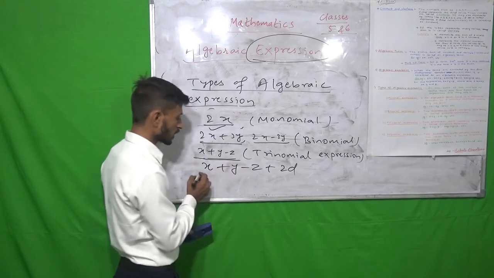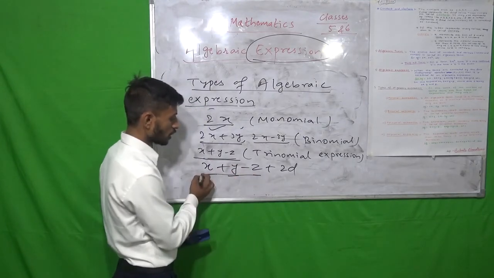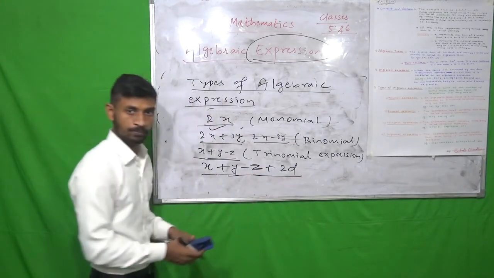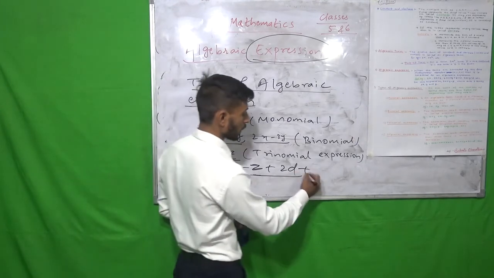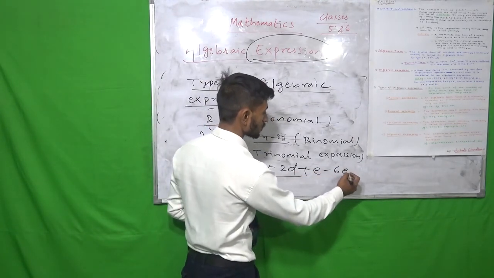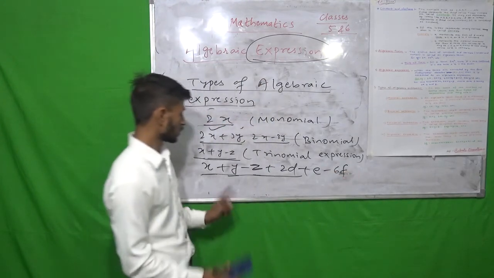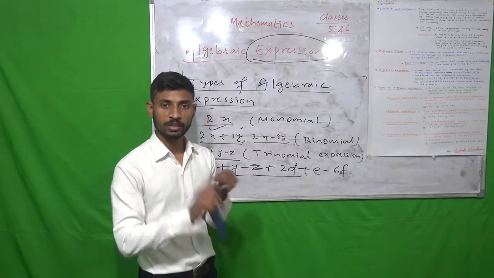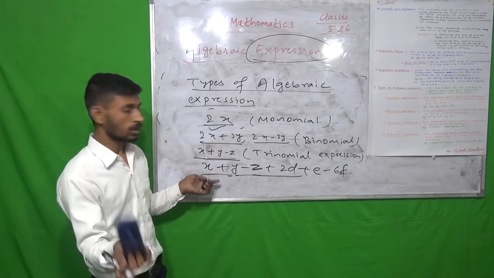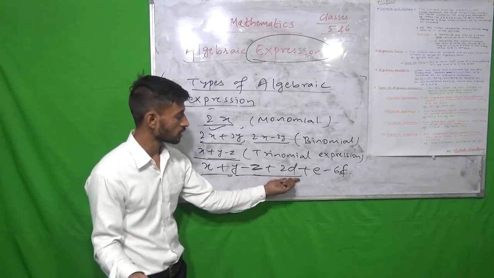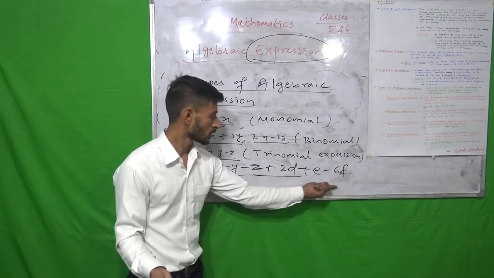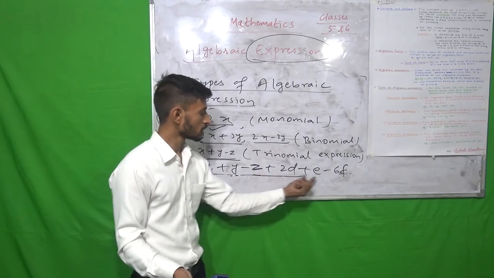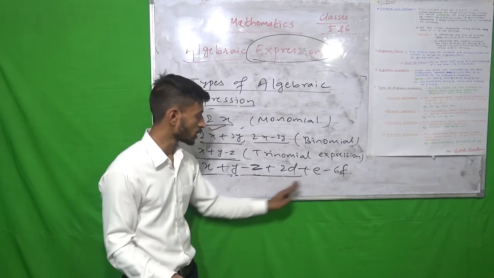Up to 3 terms it is a trinomial expression, but if after 1, 2, 3 there is also 2d, e, 6f, it has more than 3 terms.